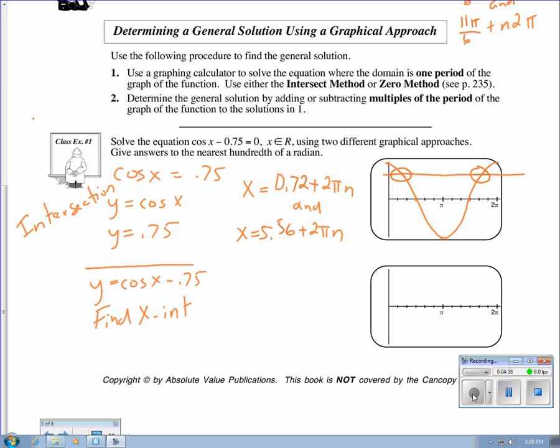Let's check it out. So using this method, I find the x-intercepts, and they're at 0.72 and 5.56, and they would repeat every 2 pi as well. So that allows me to present that general solution. Let's try a couple more.